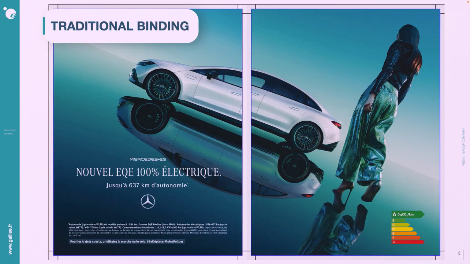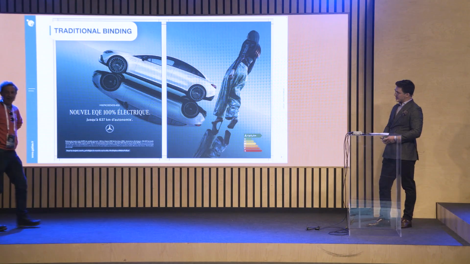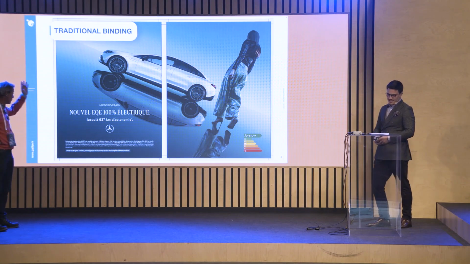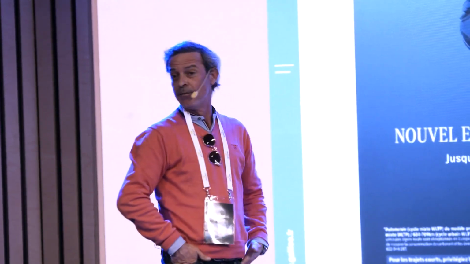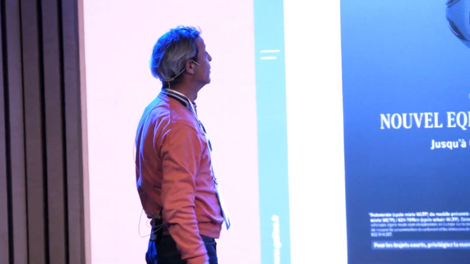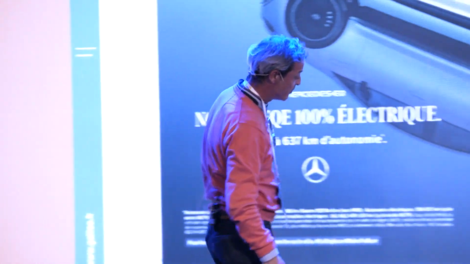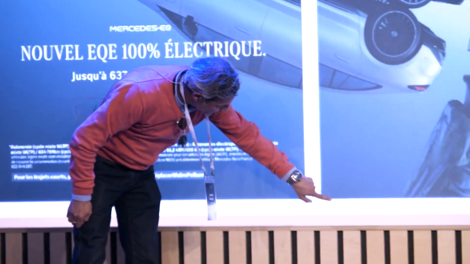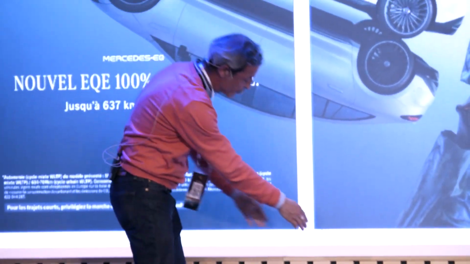So this is an example, and Arnaud, please, could you speak about traditional binding? Yeah, so hello everyone. So here we have an ad, and of course it is a 2 pages ad, and when we look at that, we have a standard page with cutting edge in here, so it will be cropped.